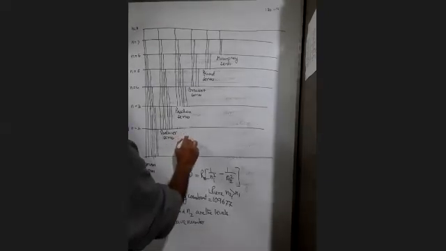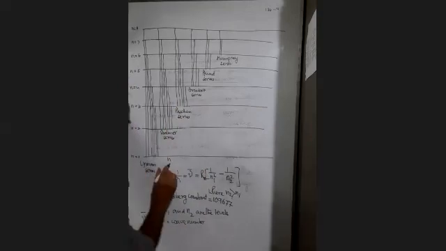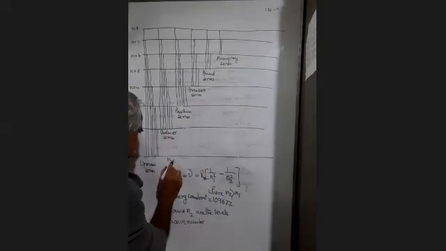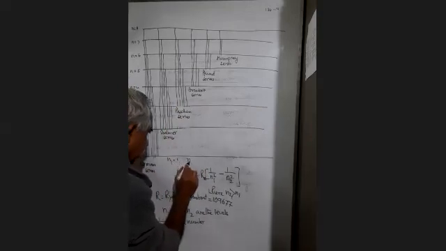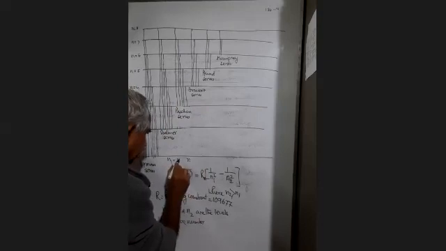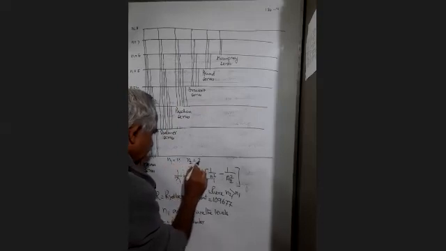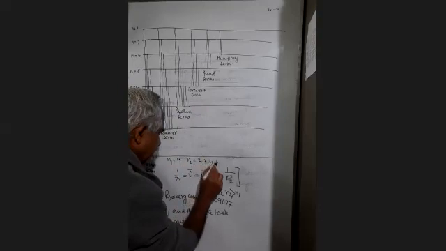In this case, n1 is equal to 1 and n2 is equal to 2, 3, 4, 5, like this.